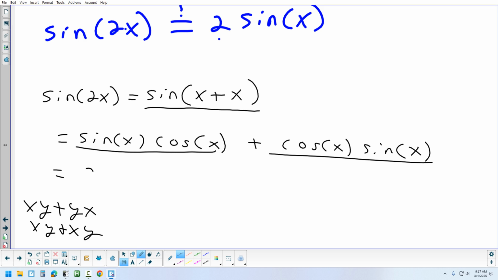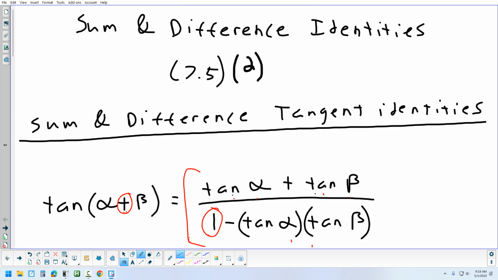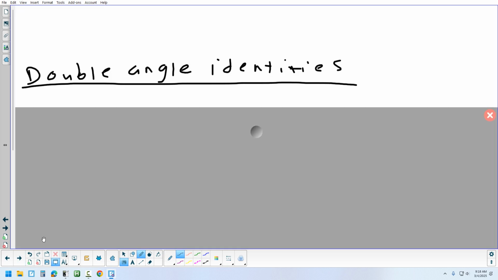It's 2 sine x cosine x. That is how you get rid of a 2 inside of a sine function. Because multiplying by 2 is something that happens a lot inside the argument, there's a special name just for doing that, and that's called a double angle identity.